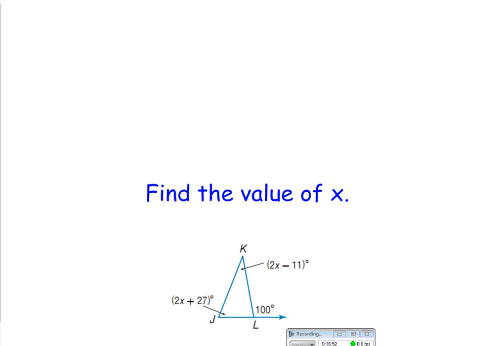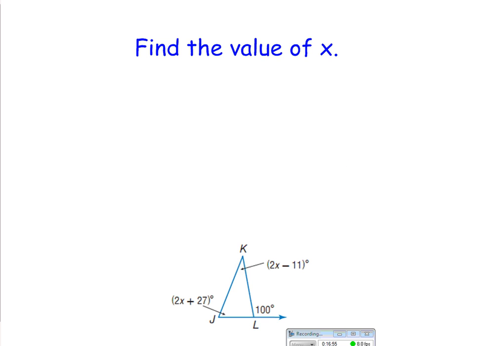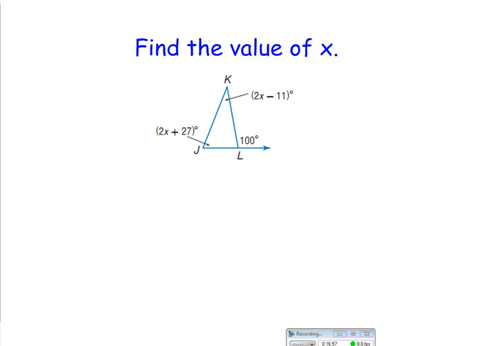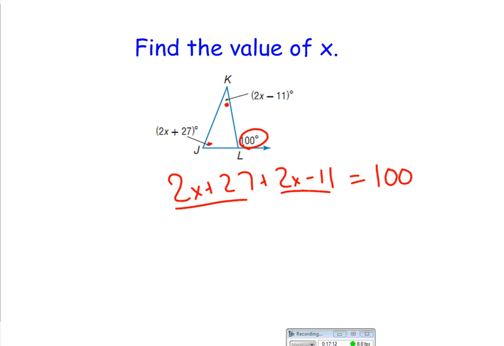Find the value of x. Well, this is an exterior angle, two alternate interior angles. So I'm going to say these two together, first interior angle, second interior angle, has to add up to 100. That's going to be 11.